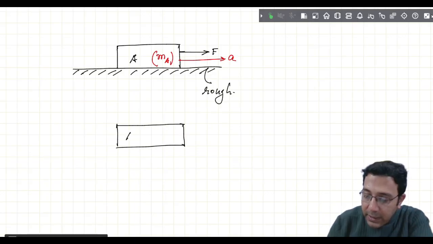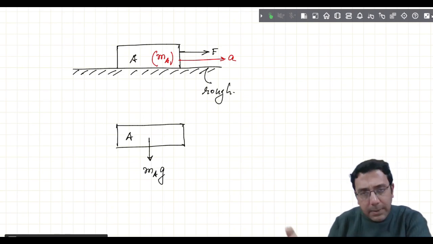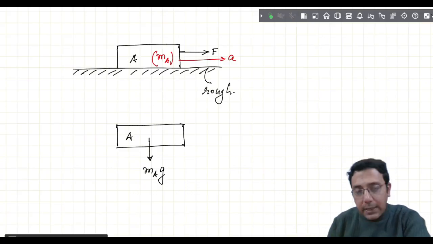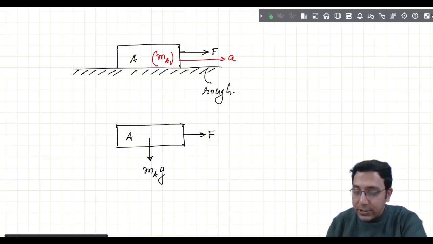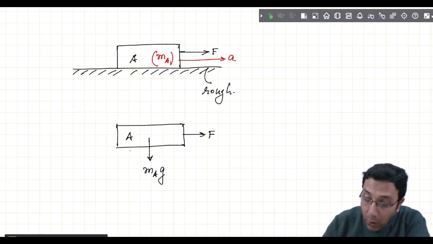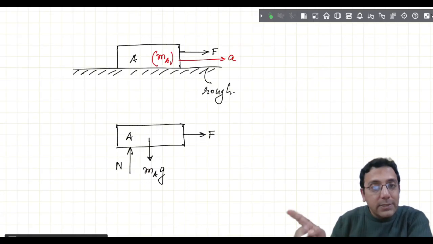Let's say this is body A. Naturally MA into g will act down, or simply mg, but since I'm marking the body as A, that is why MA into g. There will be a normal reaction, that is N, acting upward.